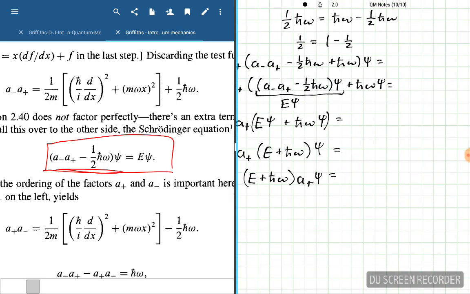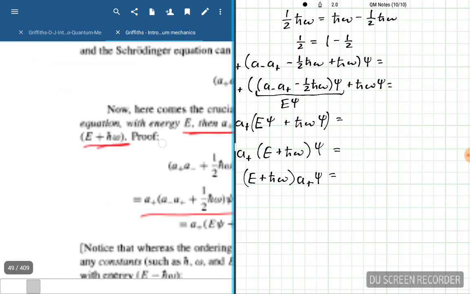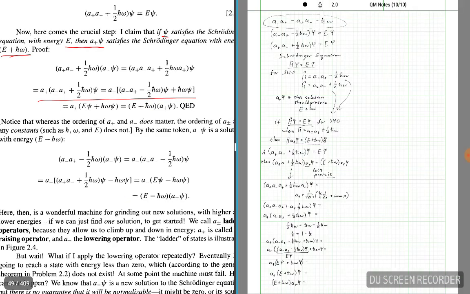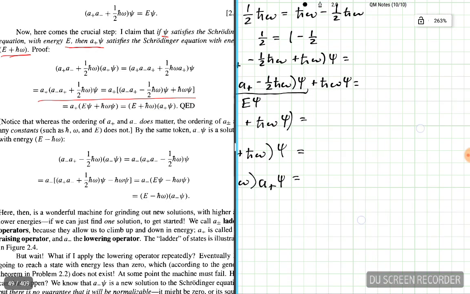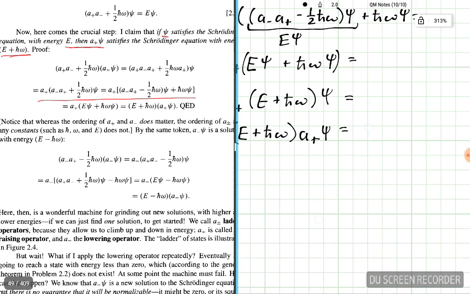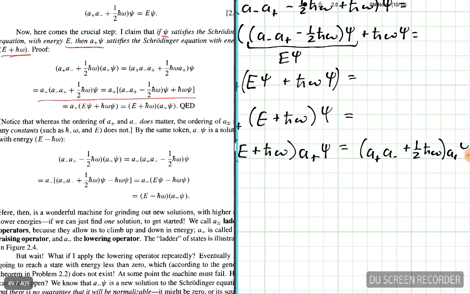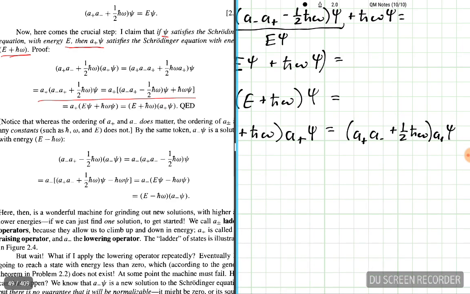And that equals the thing that we started with, which was our original Hamiltonian, A plus A minus plus 1/2 h bar omega times A plus psi.